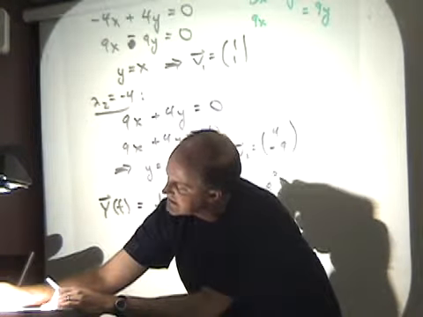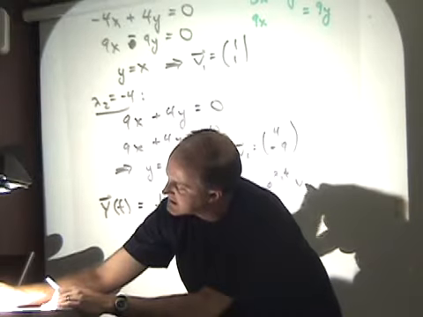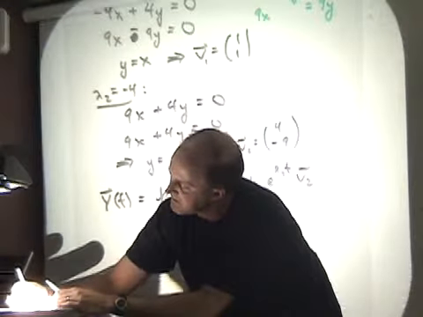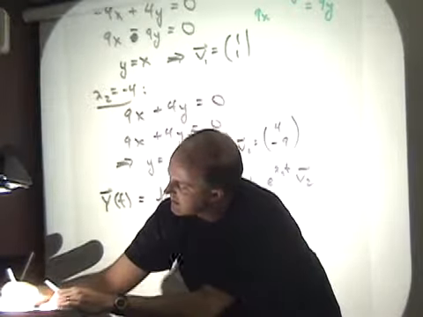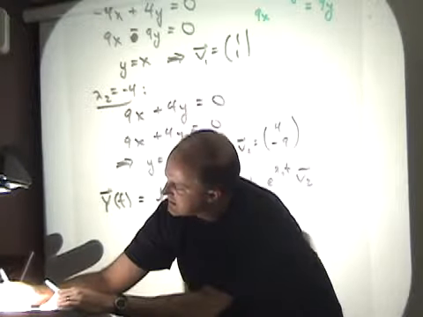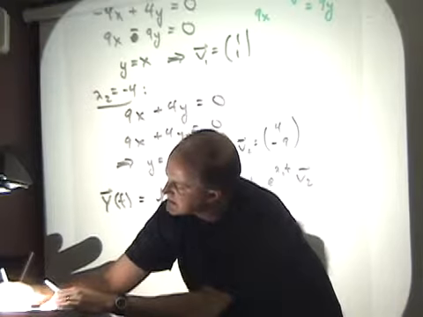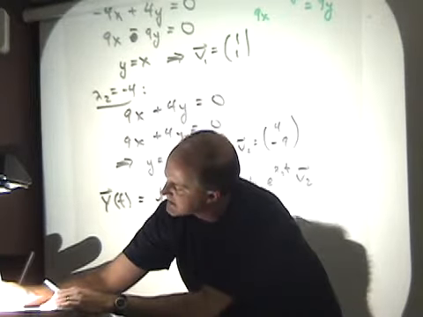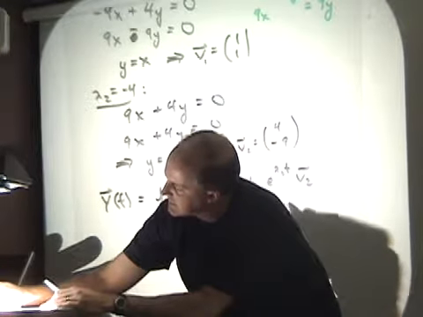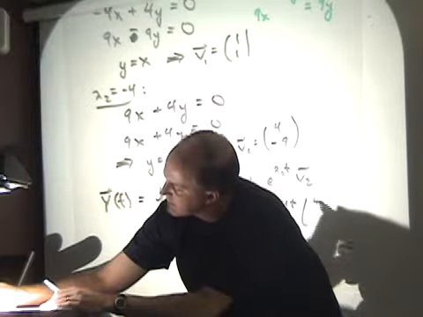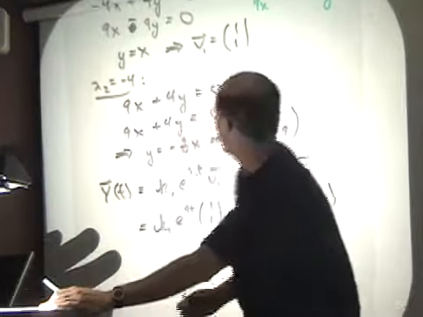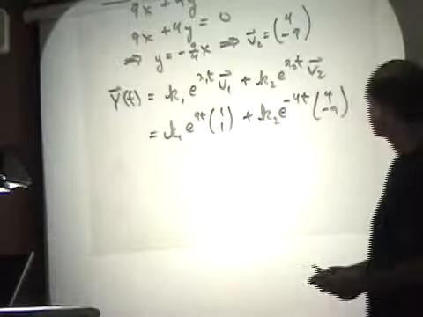And so that will guarantee that this linear combination is the general solution: k1 e to the 9t times the vector 1, 1 plus k2 e to the -4t times the vector 4, -9.